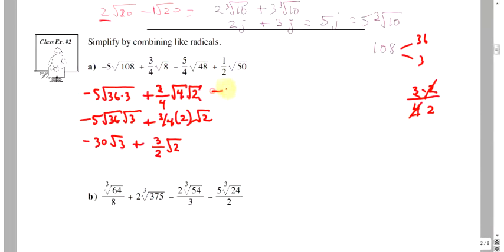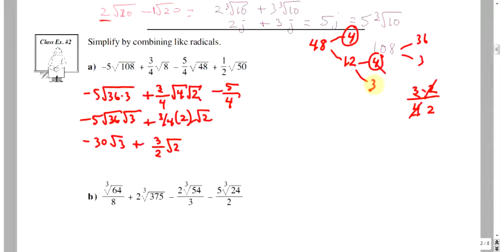Negative 5/4 root 48. What's a perfect square in 48? Does 4 go in there? Yeah. But is there another perfect square in 12? Therefore, yeah, what's 4 times 4? 48 is 16 times 3.